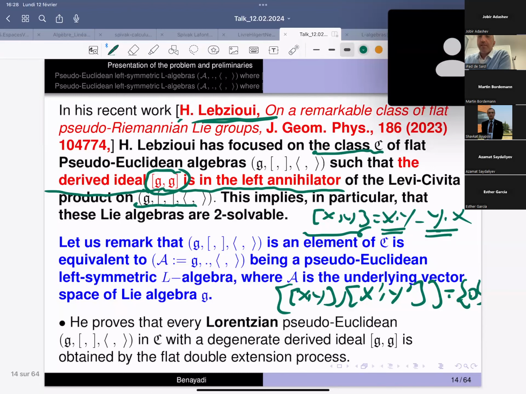He proved that every Lorentzian pseudo-Euclidean Lie algebra in this class C with degenerate derived ideal is obtained by flat double extension, the double extension process of Medina and Aubert, always by a one-dimensional Lie algebra.